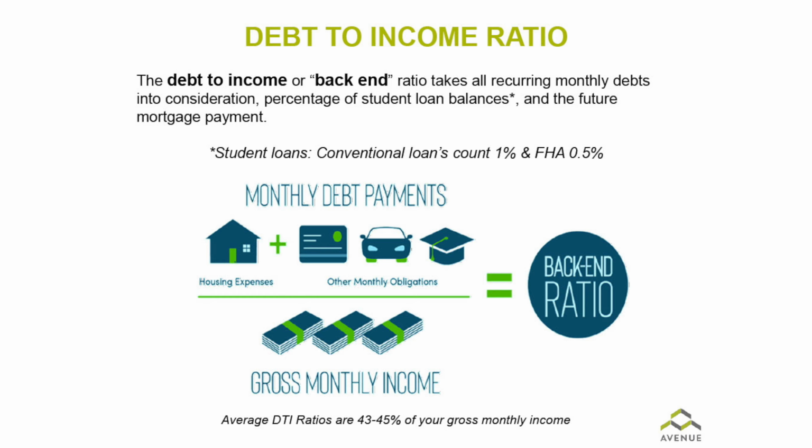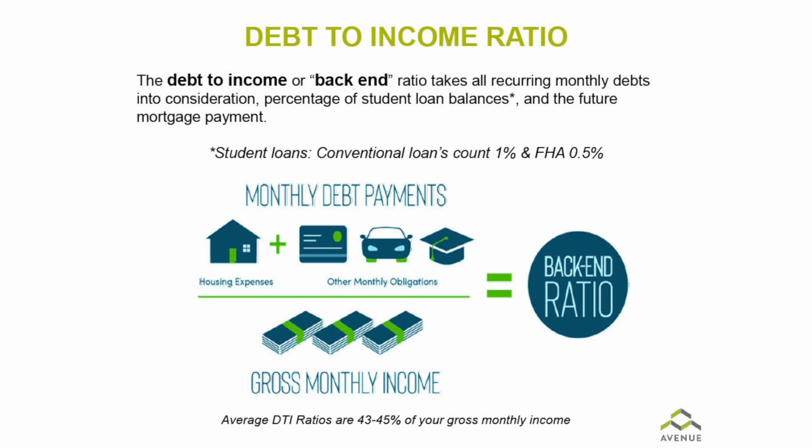Those are your monthly ongoing expenses. Then you divide the total of those again by your gross monthly income, and again multiply times 100, and it'll give you that ratio.